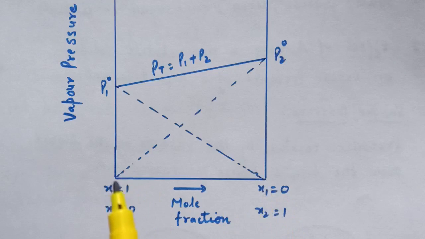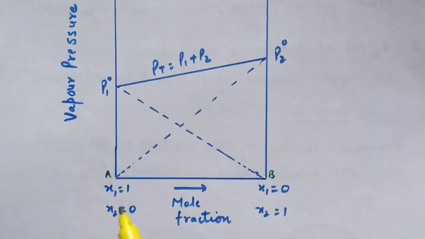That is, when we are moving from point A to point B, at A the mole fraction of component 2 is 0, and as we move from A to B, the mole fraction of component 2 starts increasing, and at point B the mole fraction of component 2 is 1 and the mole fraction of component 1 becomes 0.